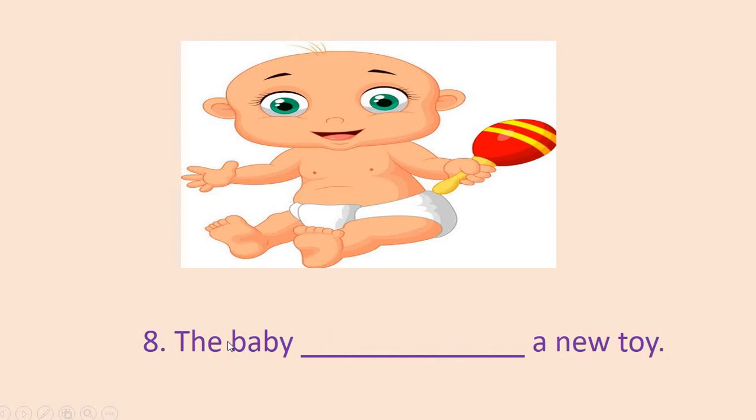But there is only one baby, one person. Okay, so the baby dash. What will come? Has or have? The baby a new toy. It is in her hand, baby's hand. So the answer is the baby has. The baby has a new toy. It is one baby, no?